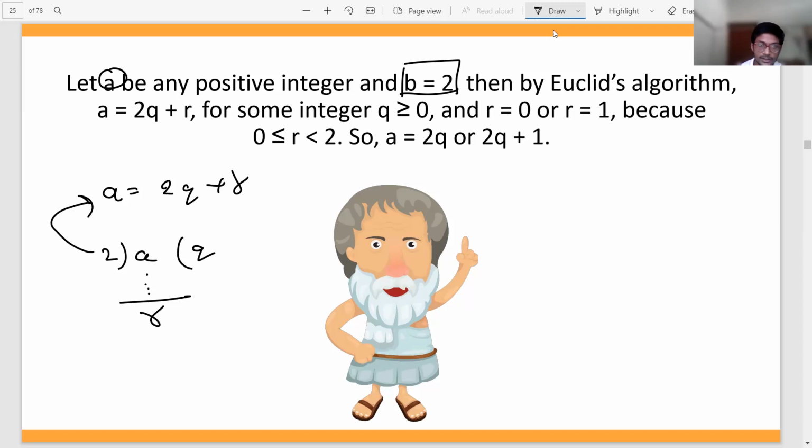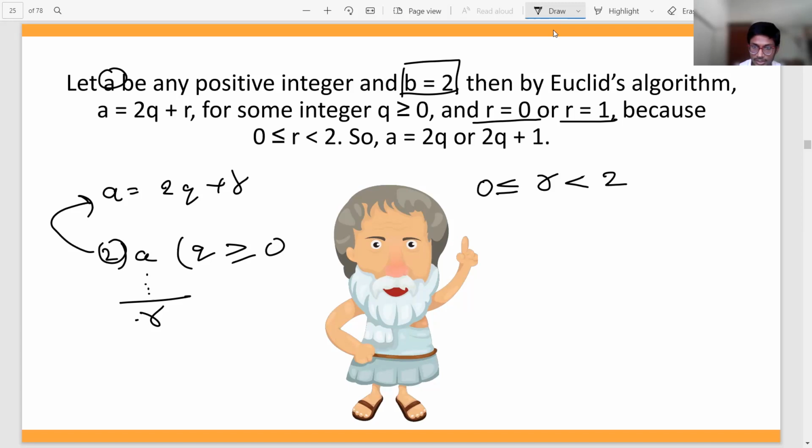So we can write it like this, for some integer q greater than or equal to 0, and r equal to 0 or r equal to 1. Why? We know that r should be less than 2 and greater than or equal to 0.